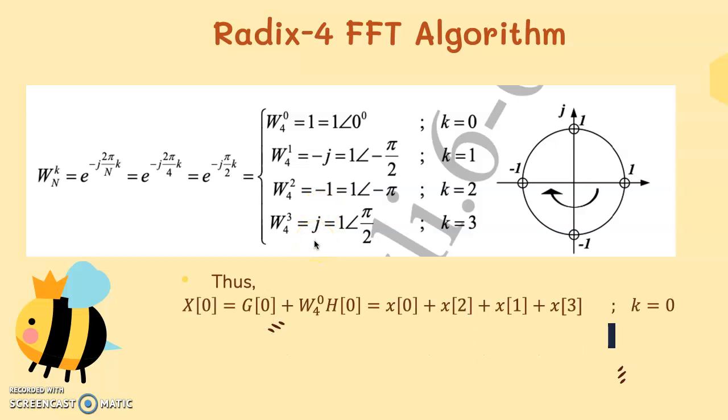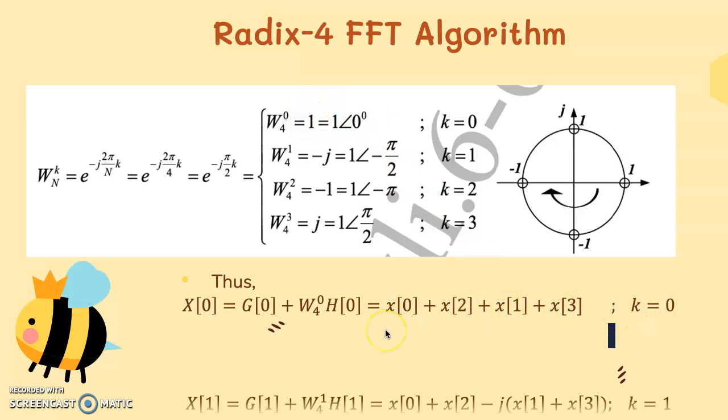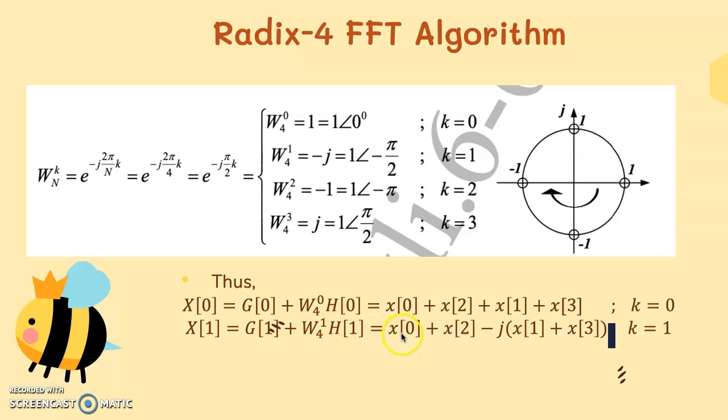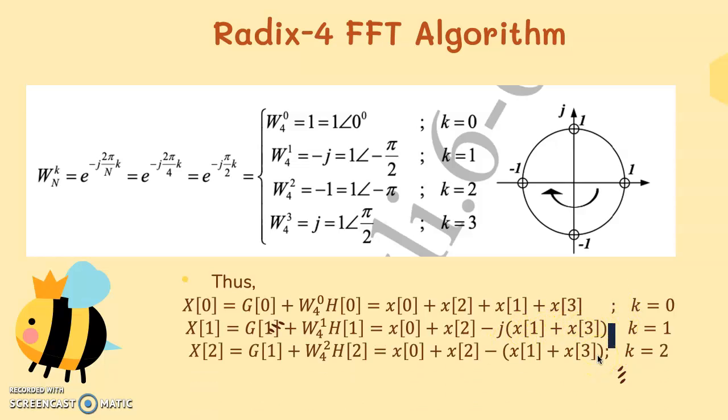Therefore, you will get X0 is G0 plus W_4^0 H0. It becomes x0 plus x2 for G0, and then this is 1, since it's 1, so x1 plus x3. Okay, for X1, it becomes x0 plus x2, so this is minus j, so minus j times (x1 plus x3) for k1.